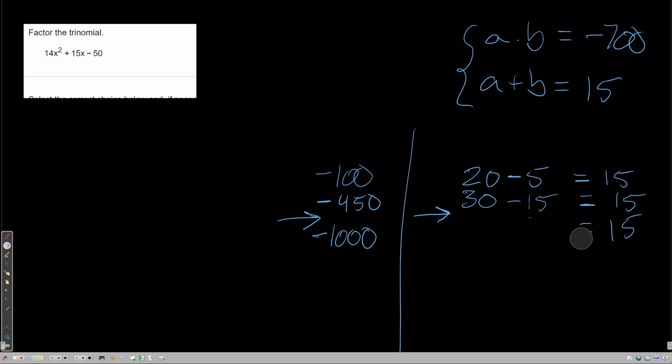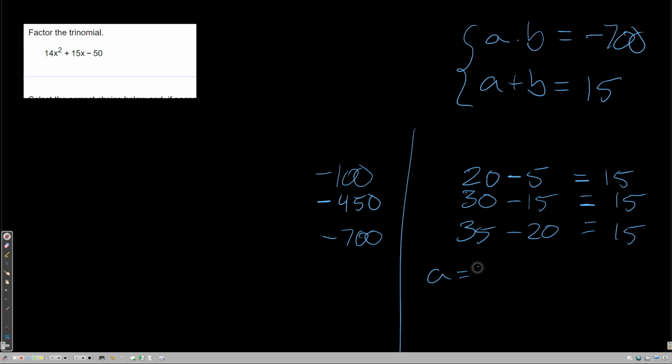I guess I'll try 35. 35 minus 20, that's 15. And I think we have a winner, yes. That adds up to 15, and its product is negative 700. So I have my A and my B. A is 35, B is minus 20.